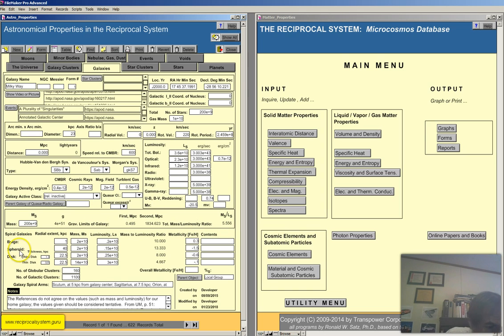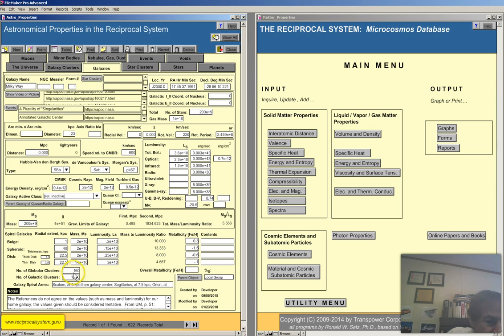All right, now this is for spiral galaxies only, not elliptical or spheroidal. The radial extent in kiloparsecs, mass in solar masses, luminosity in solar units. So this is the bulge, that's kind of the nucleus. The spheroid section, the disk. This is kind of for a thick disk and for a thin disk.